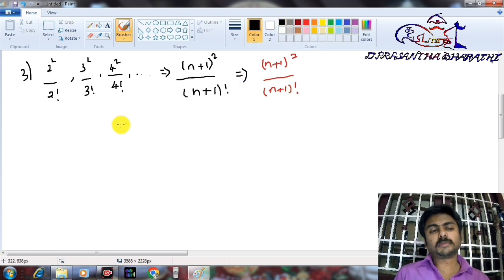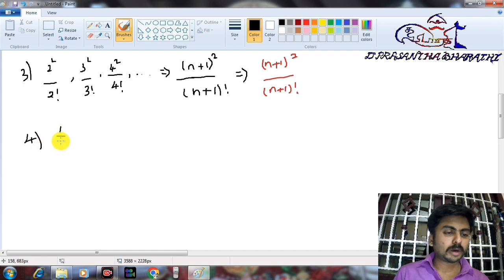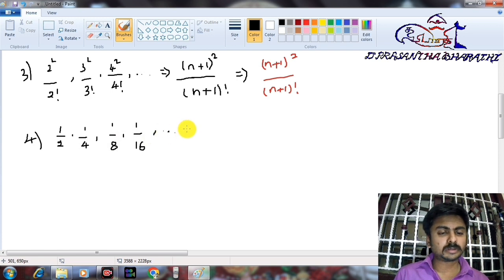Now problem number 4. The fourth problem is 1 divided by 2, comma, 1 divided by 4, comma, 1 divided by 8, comma, 1 divided by 16, comma, etc. So we can easily write 1 as the numerator of the general term.